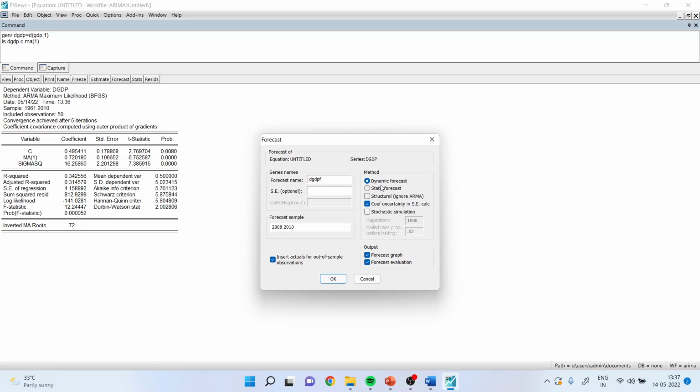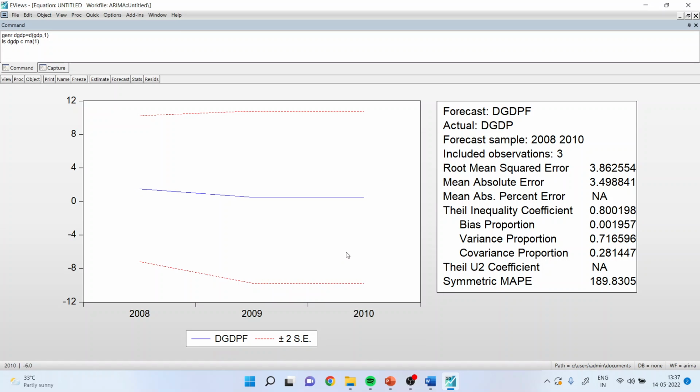We will see later on. Click OK. Now, if your blue line is between these two red lines, then your forecast is good. Now you have to see here the RMSE is 3.86 percentage error in your prediction.